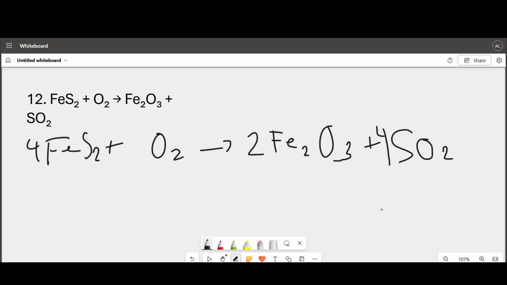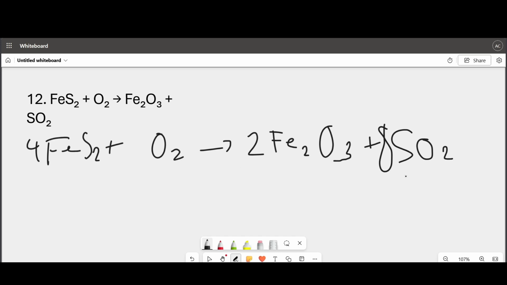It's actually 8. Okay, so 8 sulfur and oxygen. So that will amount to 8 times 2 is 16, and 2 times 3 is 6, 16 plus 6.